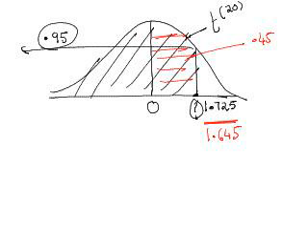Now flip back to the T table. Okay. Look at the row labeled infinity. Can you look at the row labeled infinity and look at a T of 0.95 on the top? Tell me what you see.